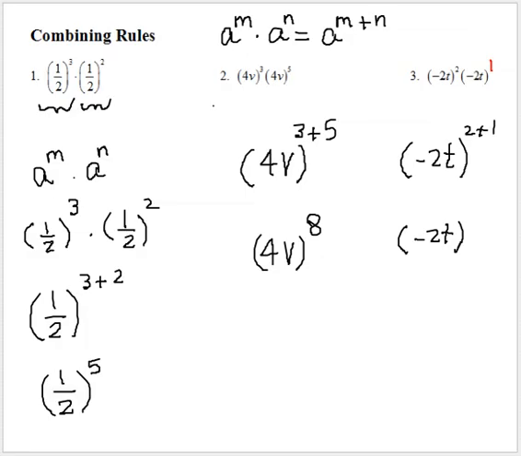Can you go one step further and tell me what this would be equal to, Cassandra? Minus 2t to the power of 3. What is that equal to? This would be like minus 2 to the power of 3 and t to the power of 3. Very good.